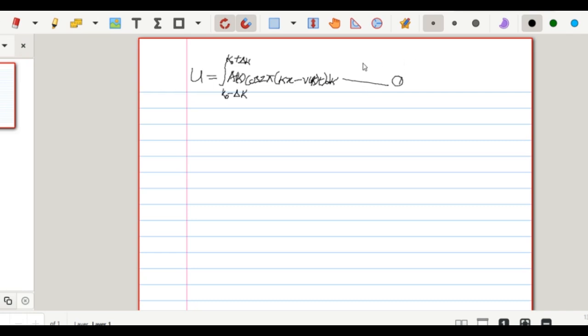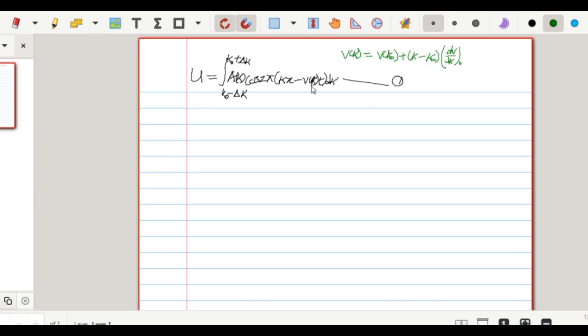So remember, you've been given the value of v(k) to be equal to v(k naught) plus (k minus k naught) into dv over dk naught.